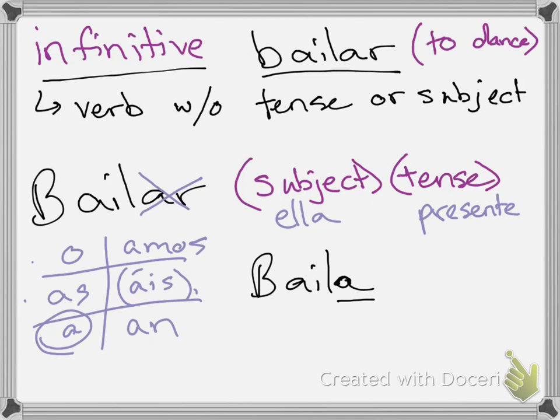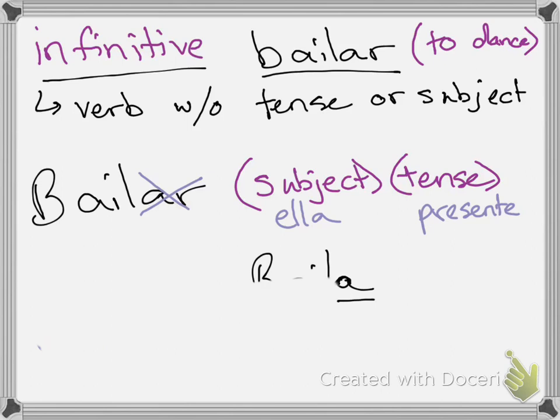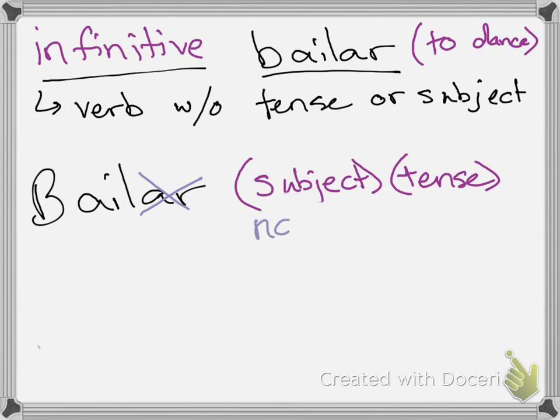Okay, so let's say I have a different subject, I have a different tense. Okay, let's pick the subject of nosotros. And let's talk about the future tense, futuro. Okay, so in the futuro, we actually add on to the end. So this would be the equivalent of saying will in English. We will dance.